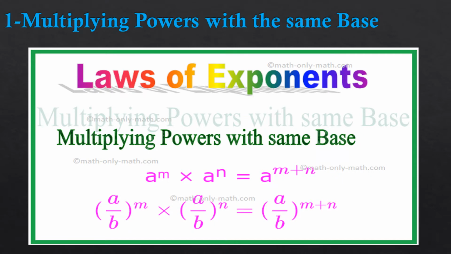Now we have law number 1, multiplying powers with the same base. Here it is, our same base. We will add the exponents, the powers.